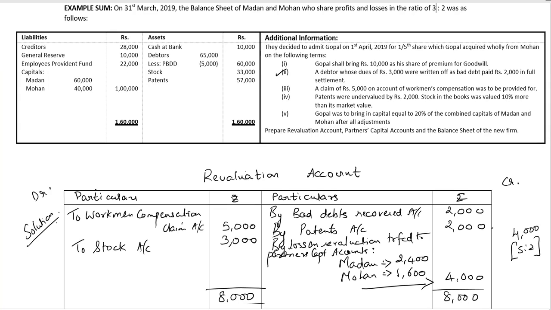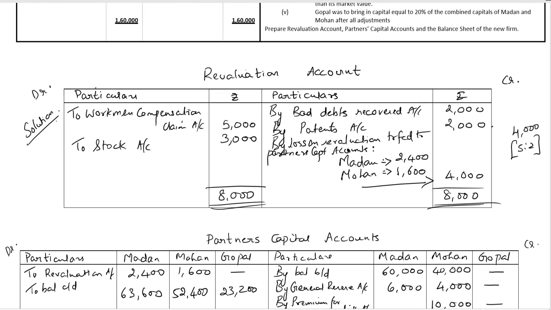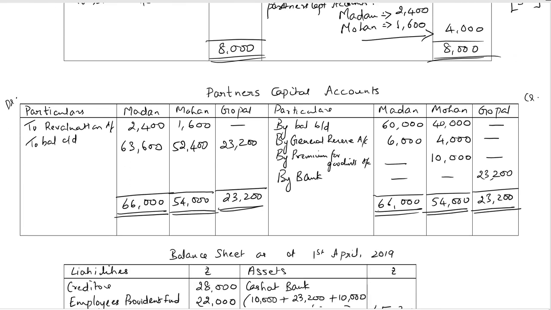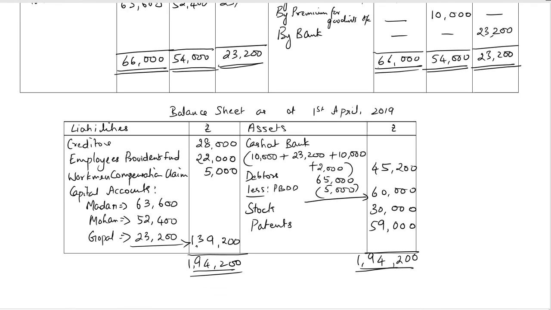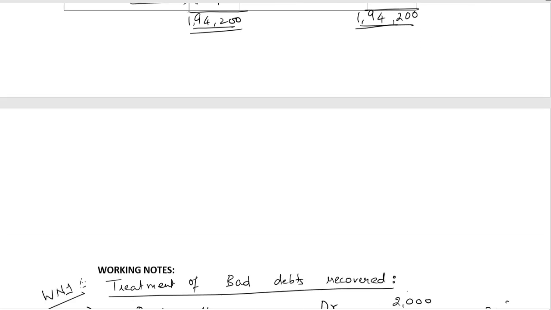So this is the first account, revaluation account, which was prepared. Resulted in a loss on revaluation of 4,000 divided between old partners in OPSR, followed by the partners' capital accounts, and then the balance sheet. Working notes at the end of the sum.